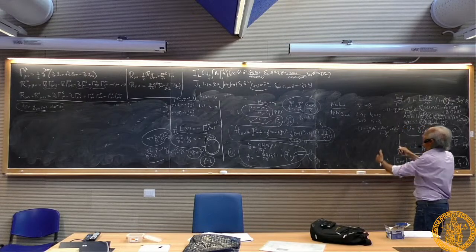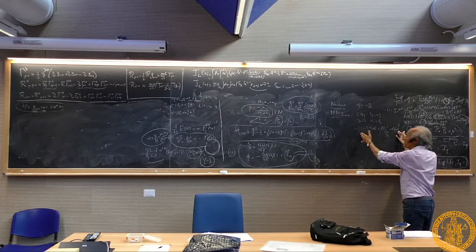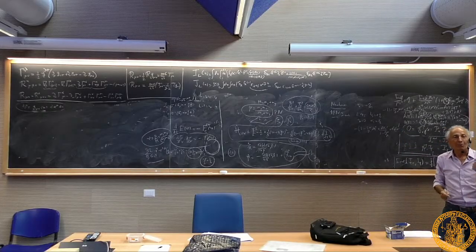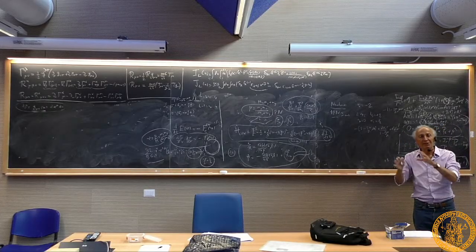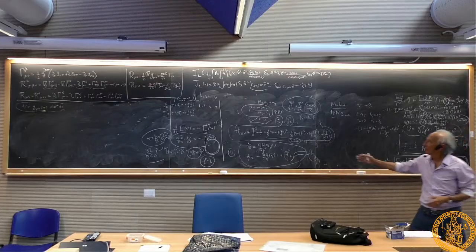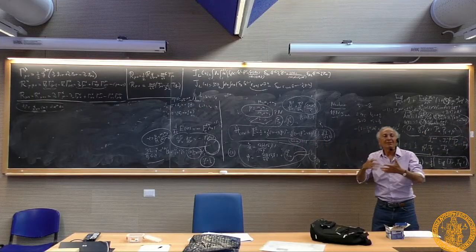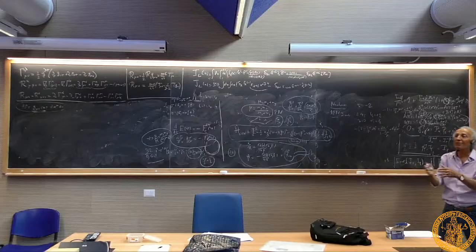So I put a test particle of mass mu in this spacetime, which is Schwarzschild, and this is equivalent to the already non-trivial Einstein-Infeld-Hoffmann 1PN.